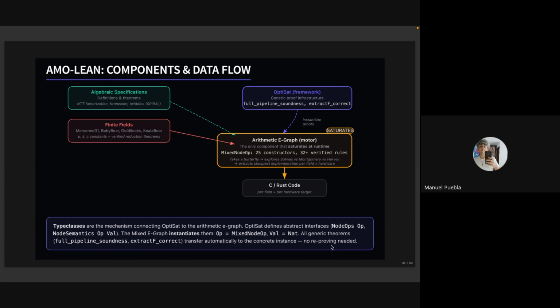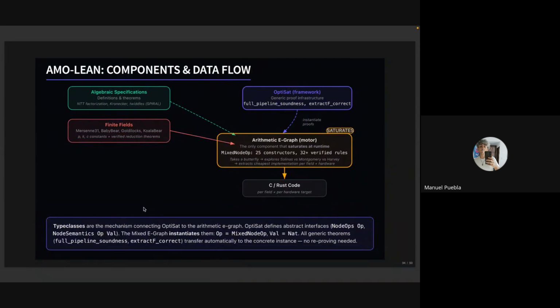We have written algebraic specifications of entities or other algebraic constructs like matrix products, Kronecker products, twiddles, and things that are basically definitions. And we also are going to feed AMO-Lean with finite fields and their structure and verified reduction theorems. The real moving part here is this orange or yellowish square.